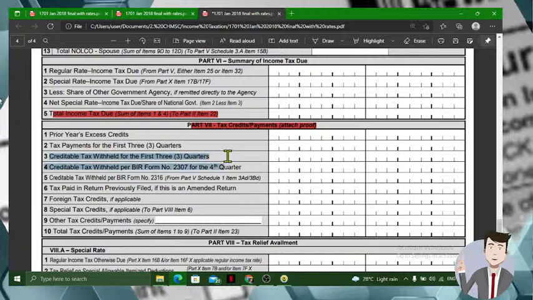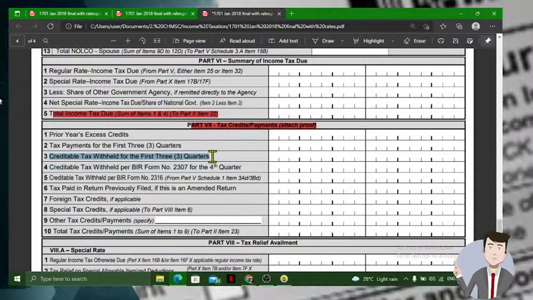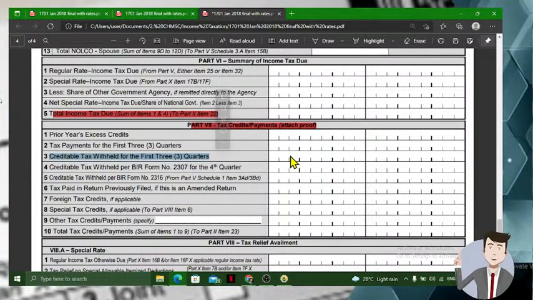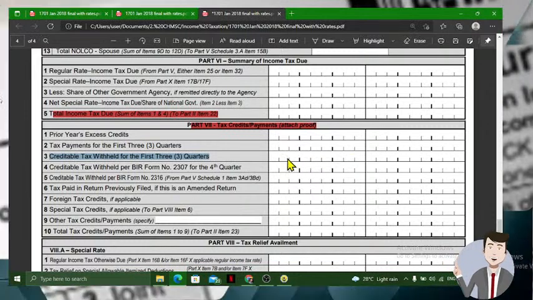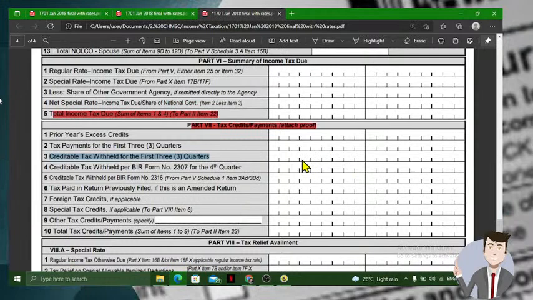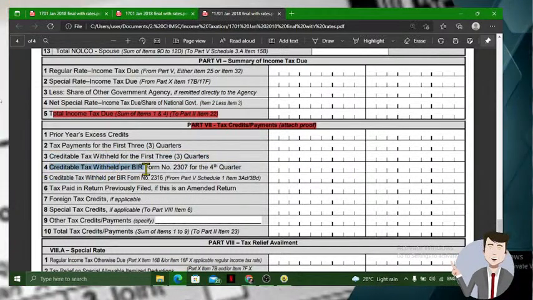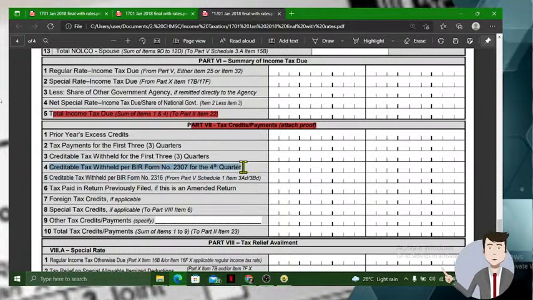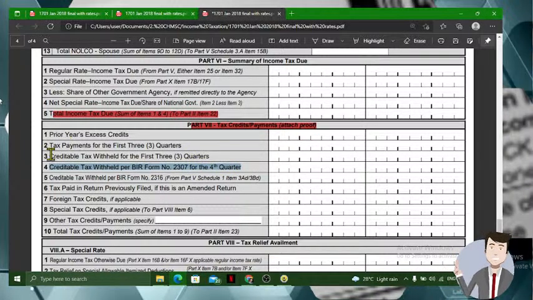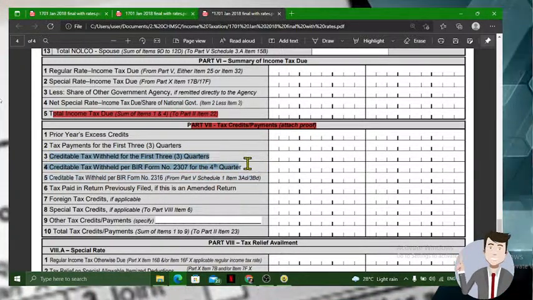So BIR Form 2307 from January up to September should be compiled and summed up, and the amount should be declared or filled up in this space provided. Okay? Number 4 is your creditable withholding tax per BIR Form 2307. So, as I discussed earlier, item number 3 and item number 4 are the same.